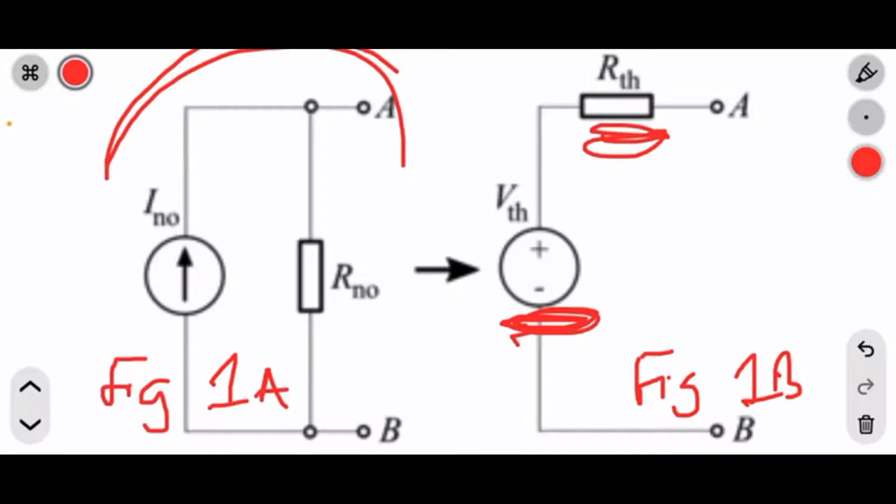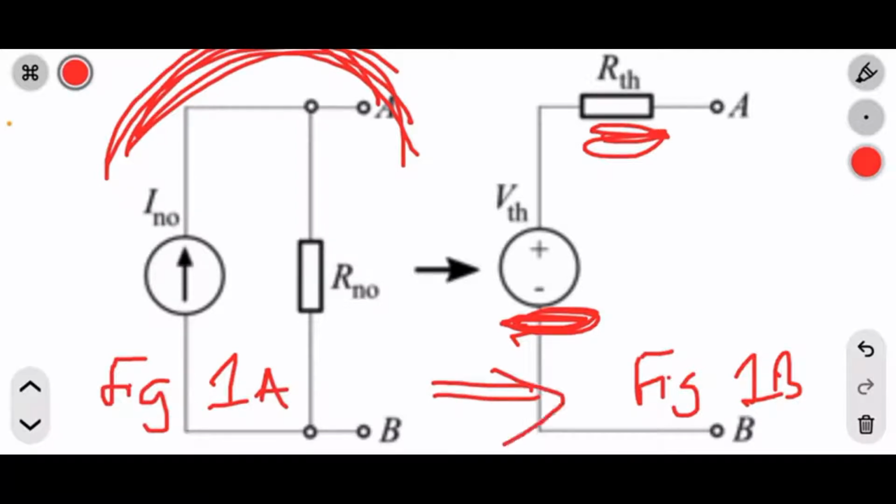We represent them with VTH and RTH. So we have been able to convert this circuit on my left hand side to this simple circuit on my right hand side. You get me? That's the main idea of Thevenin's theorem. It's used in solving circuit problems. But first, we have to convert that circuit you have given us into a Thevenin's voltage in series with a Thevenin's resistance and the load.